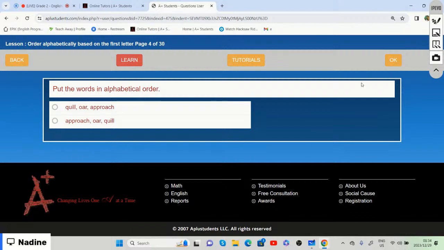We need to put the words in alphabetical order. Kill or approach. So we have kill, or, approach.